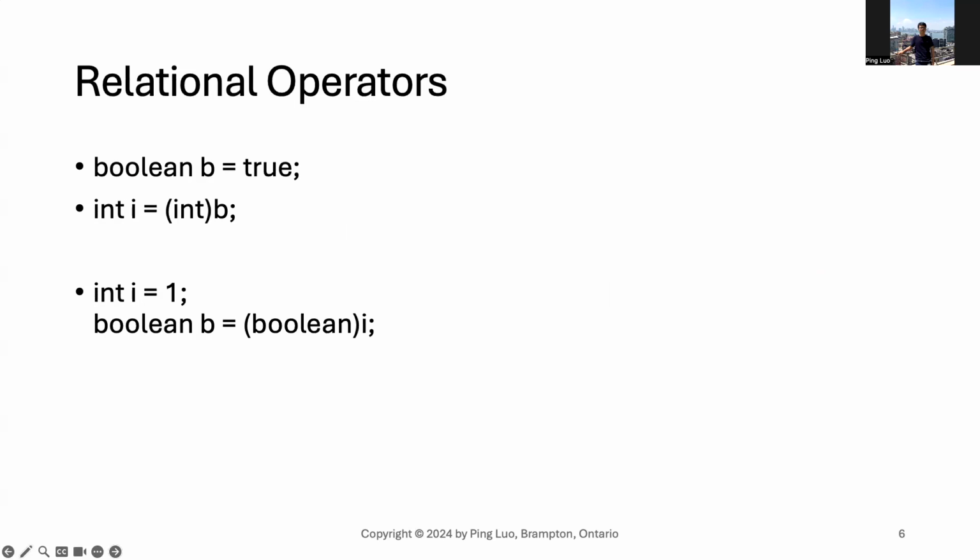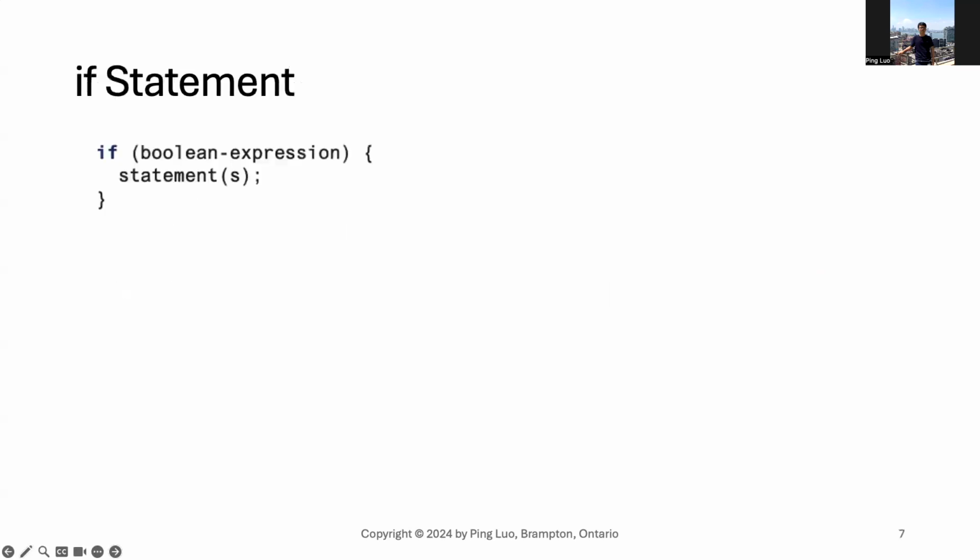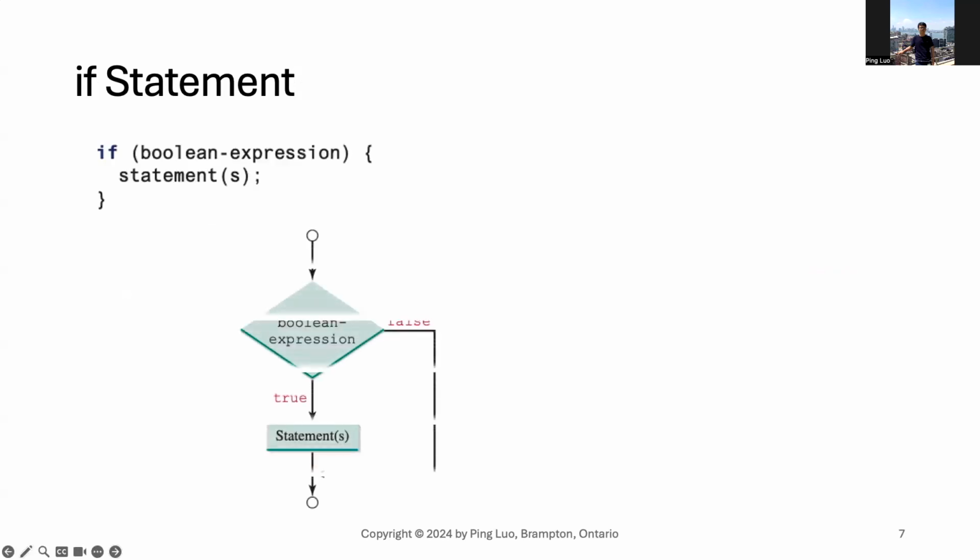Now that we know true or false, we can learn the conditional statement. Basically, this statement is in this kind of format. The program will check the value inside here. If it's true, it will perform the statement inside the brackets.